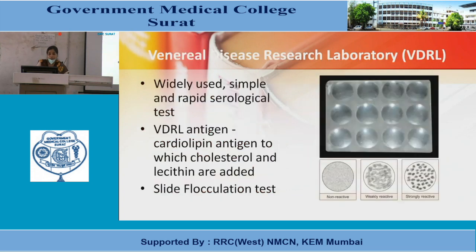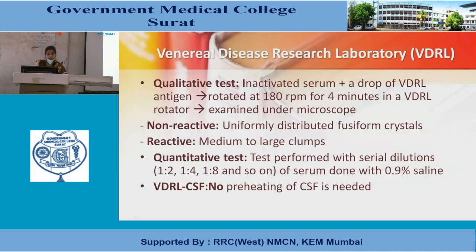So VDRL is a widely used, simple and rapid serological test. Over here, the VDRL antigen is cardiolipin antigen to which cholesterol and lecithin are added, and it is a slide flocculation test. It is done first qualitatively, and further if it is positive then we do the quantitative test.